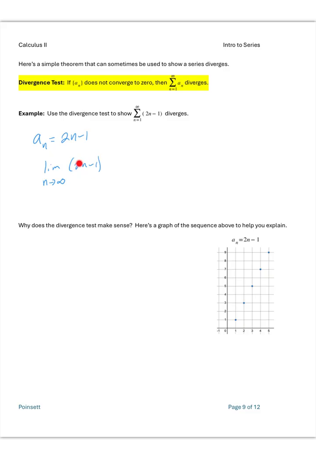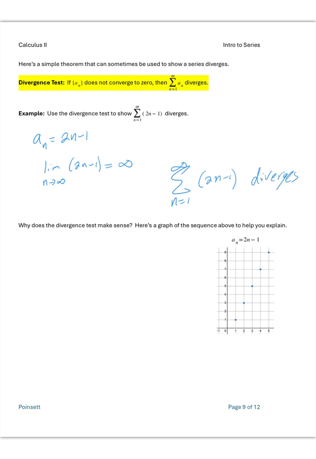Now, this is a simple linear function with positive slope, so that means this limit as n approaches infinity is going to take off to infinity. Up here at the divergence test, they said if the sequence of a sub n does not converge to 0, and notice this limit is not equal to 0, that means that we can conclude that the series itself diverges. So our final conclusion here is that the series as n goes from 1 to infinity of 2n minus 1 diverges.